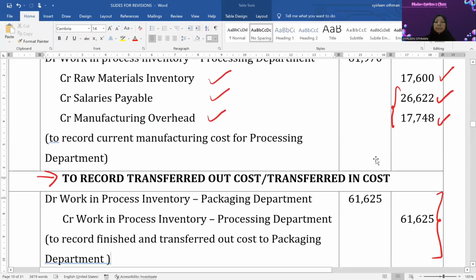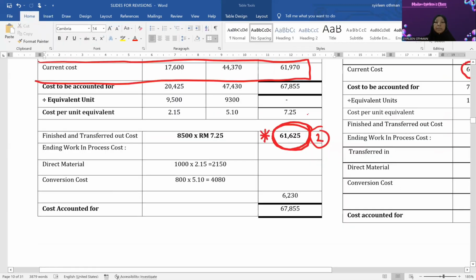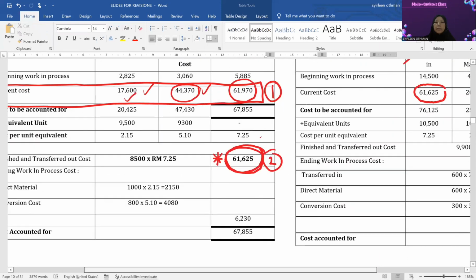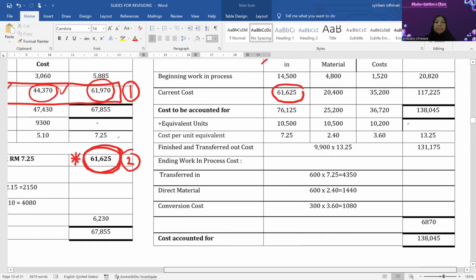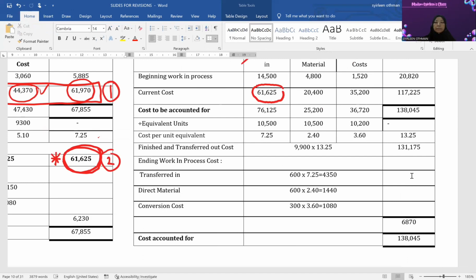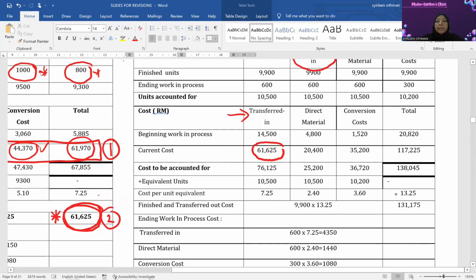Saya akan pergi ke production cost report untuk the second department tadi. Okay, so kita akan tengok dekat current cost juga. Okay, saya akan ambil 20,400 untuk direct materials dan saya akan ambil 35,200 untuk conversion cost. Yang ini pun kita akan asingkan 60-40.